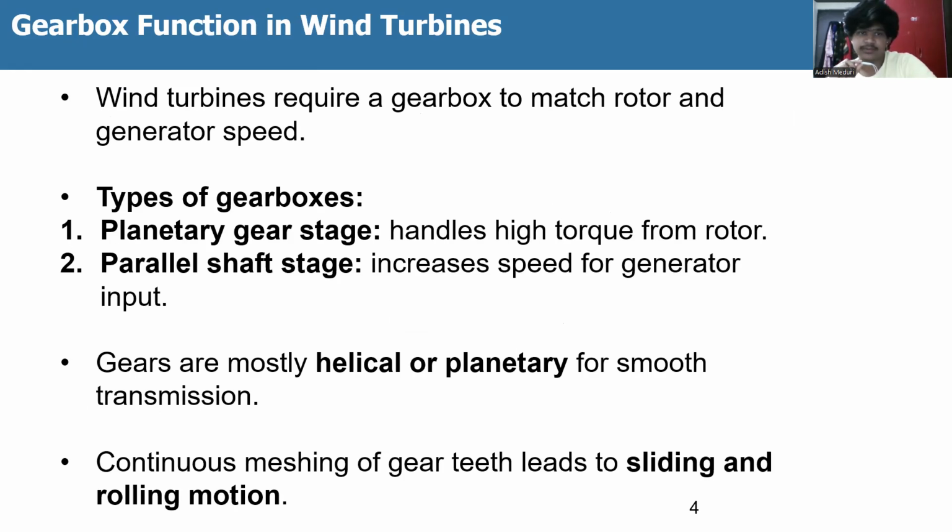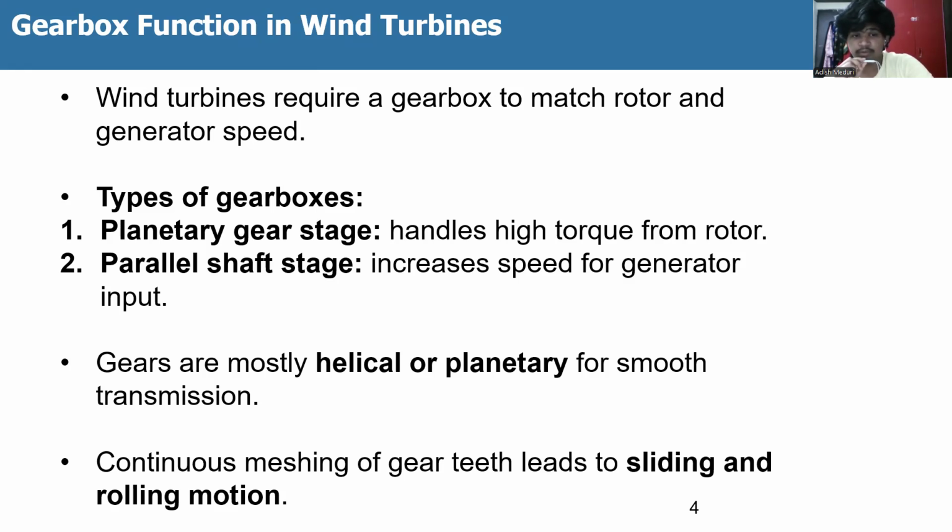Now we'll go to gearbox functions in wind turbines. Wind turbines require a gearbox to match rotor and generator speed. Types of gearboxes: the planetary gear stage handles high torque from the rotor, and the parallel shaft stage increases speed for generator input.